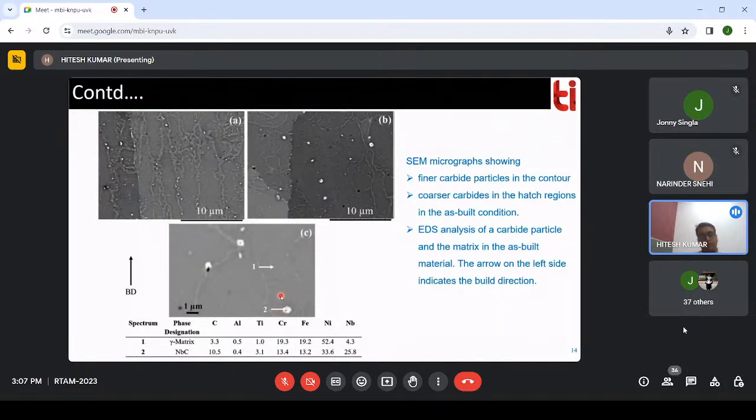So it's basically niobium carbide, which is forming near the grain boundaries or inside a grain also. It's basically a composite kind of, a matrix with nickel base, and the precipitates are basically niobium carbides.